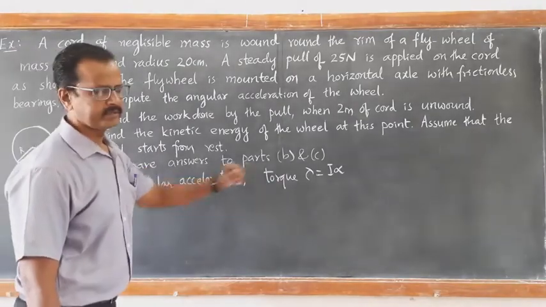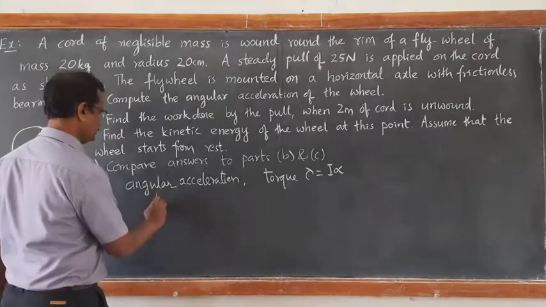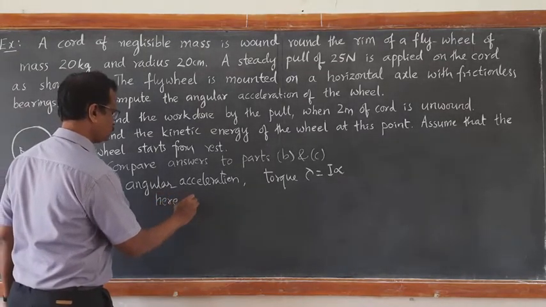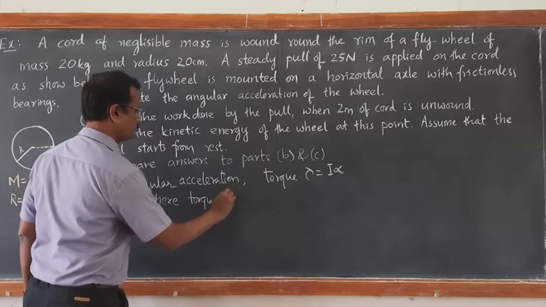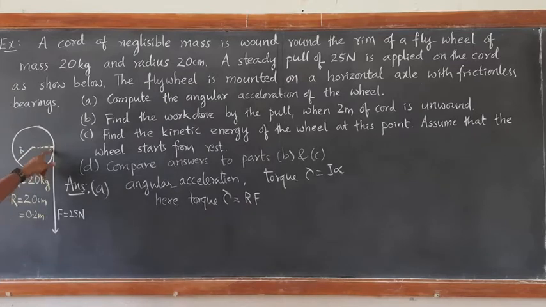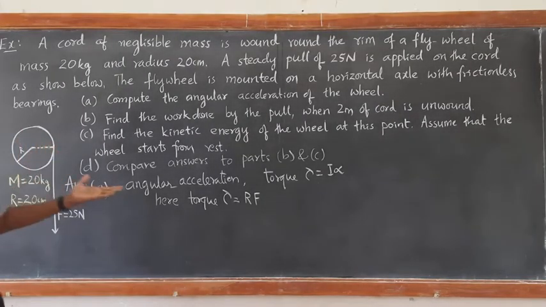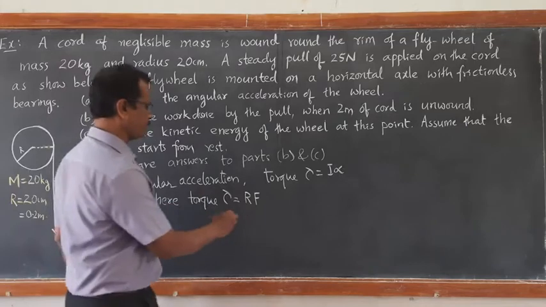Now, torque can be calculated with the help of force and the perpendicular distance. Here, torque tau is equal to R into F, the perpendicular distance of the force from the axis of rotation. Here is the horizontal axis of rotation. So the perpendicular distance becomes the radius, the radius into the force. The force is tangential, so the angle between them is 90 degrees. Therefore it becomes RF.